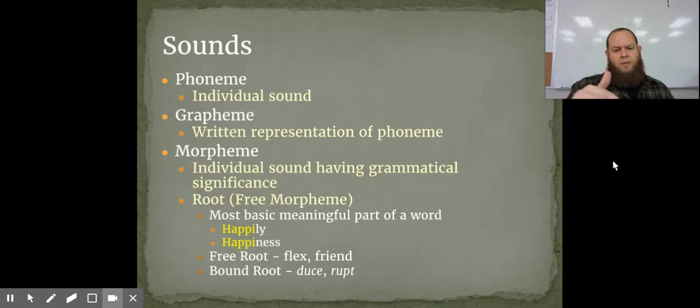Now, there are other types of roots that form the core of the word, like here I've got deuce and rupt and such. But those things in English don't typically stand apart. Their meaning comes from the meaning that they had in Latin, for example, right?